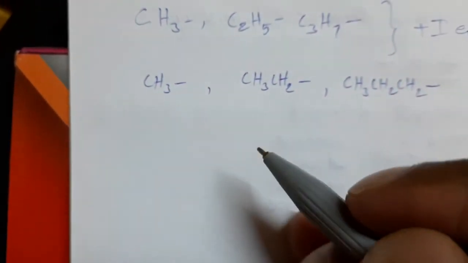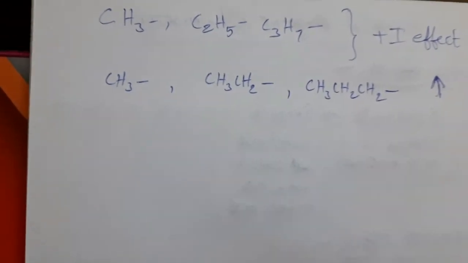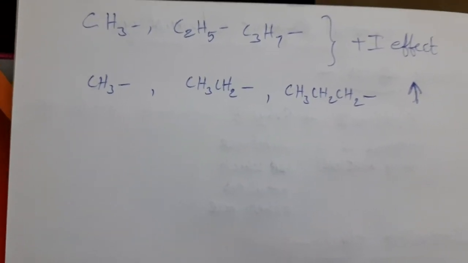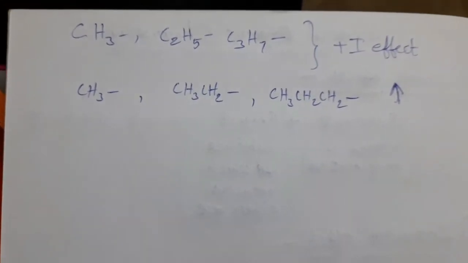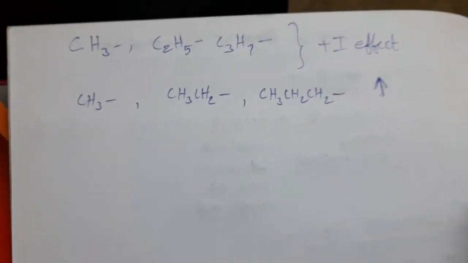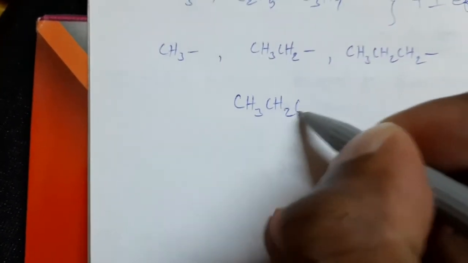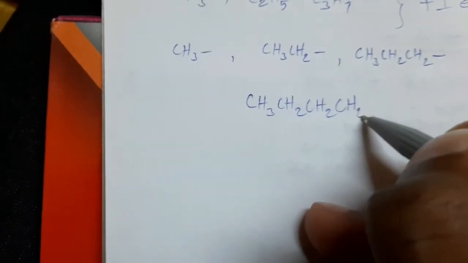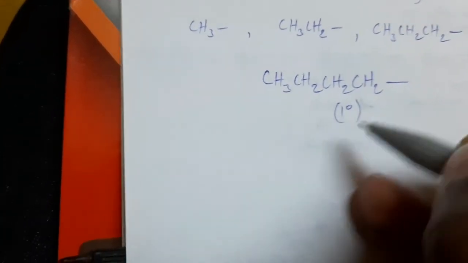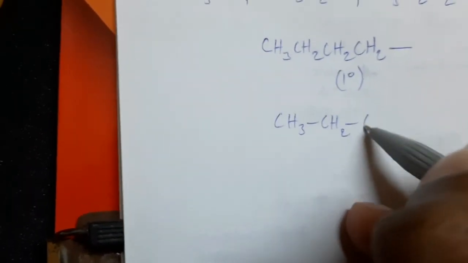And another case is where the number of carbon atoms is the same, but the arrangement is different. Arrangement means primary carbon atom, secondary, tertiary. Then what is the order of plus I effect? Say this one, CH3, CH2, CH2, CH2, butyl. This is primary. And the same carbon atoms we can write in this way also.